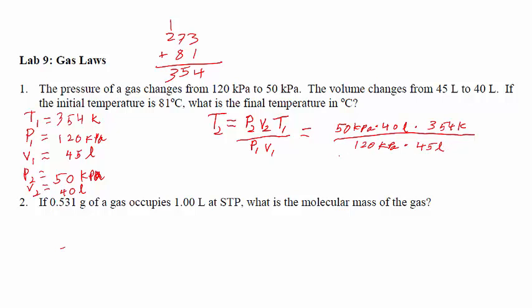Okay, now we'll just cross things out and let it go. Where are we? Let's see what we get. In other words, do our unit analysis to make sure everything's good. We have kilopascal cancels out with kilopascal. Liters cancels out with liters, and sure enough, I have Kelvin. I have to convert it to Celsius because they want Celsius, but hey, that's a good start.